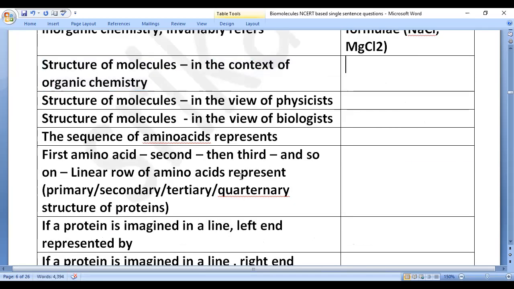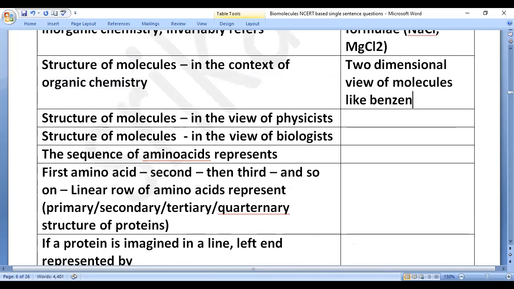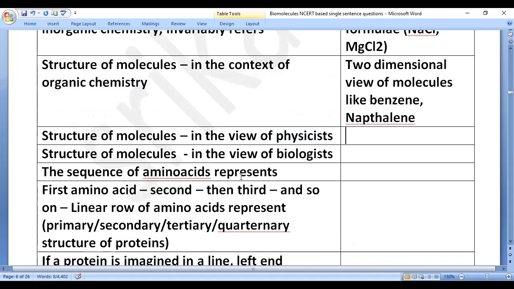Structure of a molecule in the context of organic chemistry is the two-dimensional view of molecules like benzene and naphthalene. In the view of a physicist, it is the three-dimensional view.